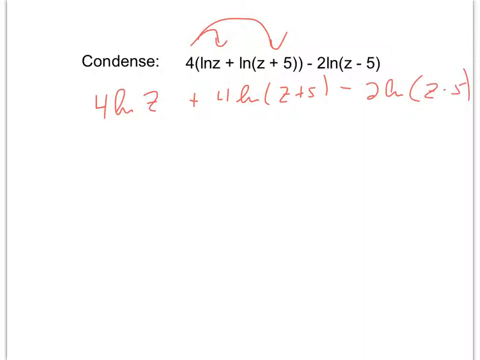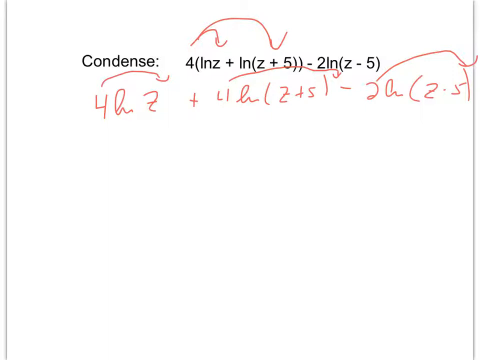I'm now going to use my power property and my quotient property, but let's do the power property first. I'm going to move the exponents back up top. So move those 4's back up top and move the 2 back up top.